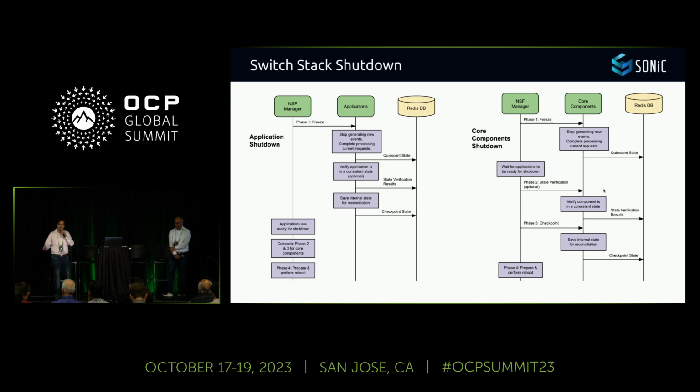They don't need to wait for NSF manager. They can continue state verification if required. And they can also, at the same time, save their internal state and report checkpoint. And NSF manager will be cognizant of the fact that it needs to monitor both quiescence as well as checkpoints. So at this point, the application is ready for shutdown. And NSF manager can continue to phase 2 or phase 3, and then prepare and perform reboot.